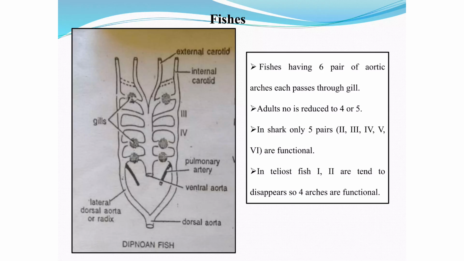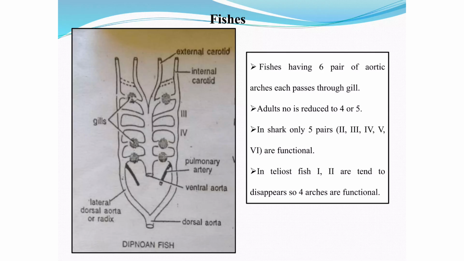The typical number of aortic arches in vertebrates is 6 pairs. The embryo of all vertebrates contains 6 pairs of aortic arches. These aortic arches connect the ventral aorta to the lateral dorsal aorta and pass just in front of the corresponding gill cleft.